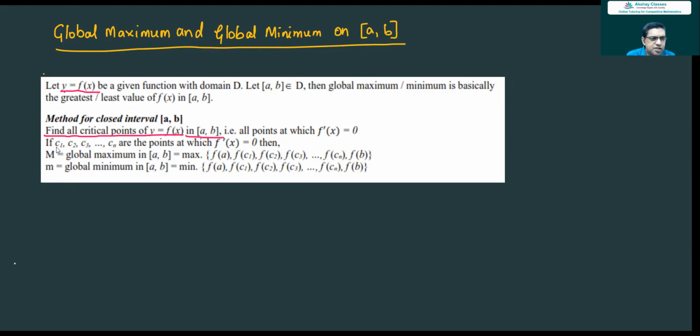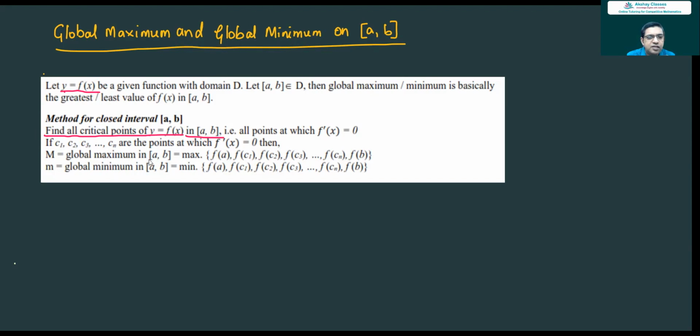Now, if C1, C2, C3, and so on up to Cn are the points at which the first derivative is 0, then observe this carefully. What will be the global maximum? At these points C1, C2, C3, Cn, there may be a local minimum or local maximum.